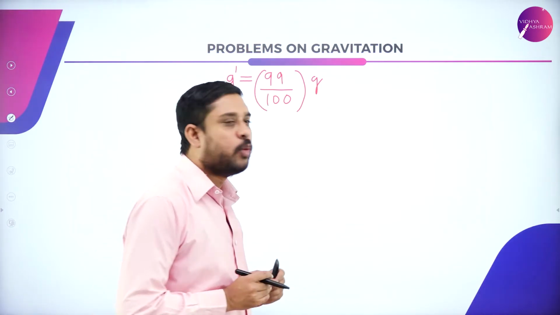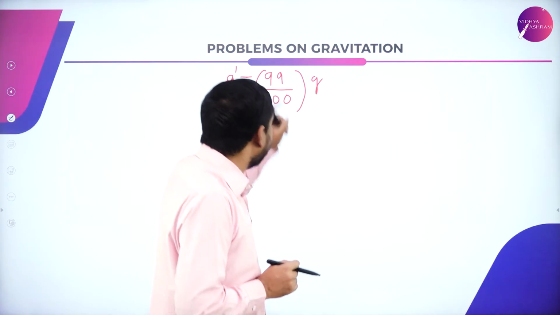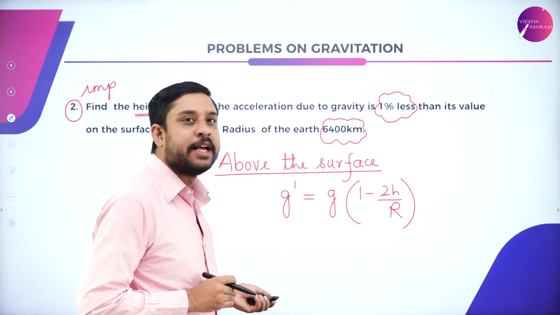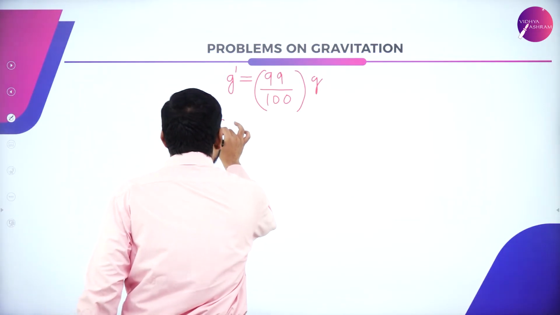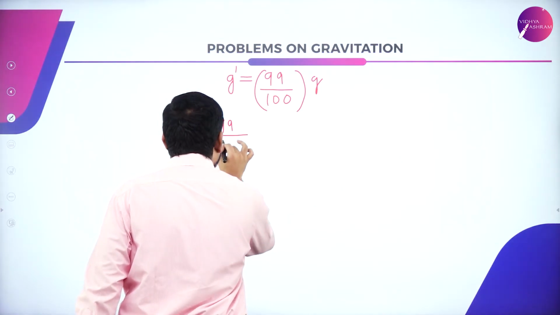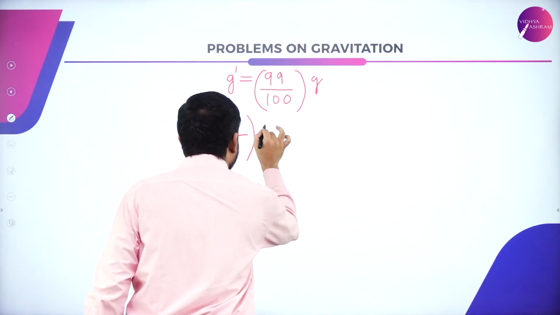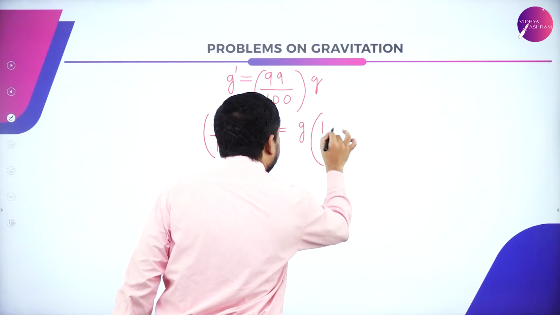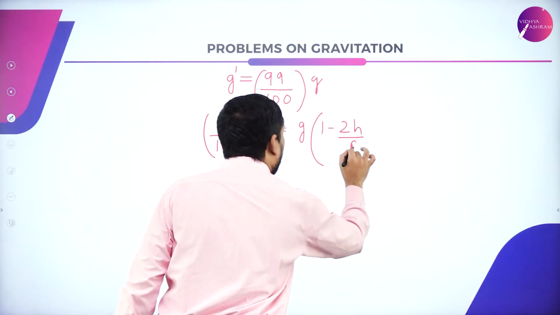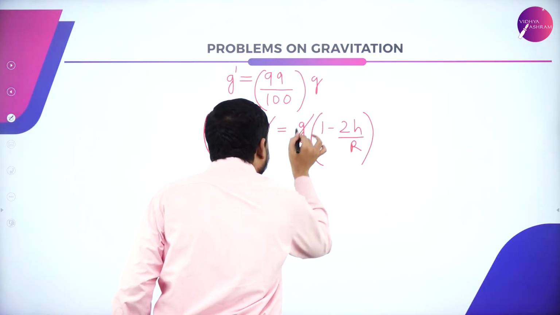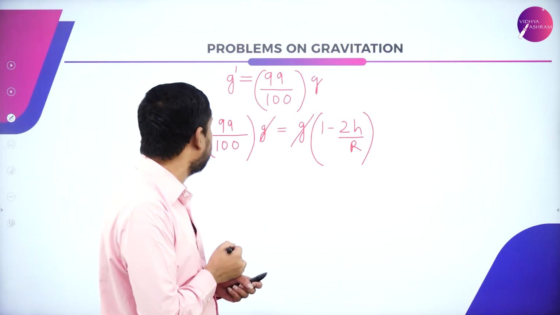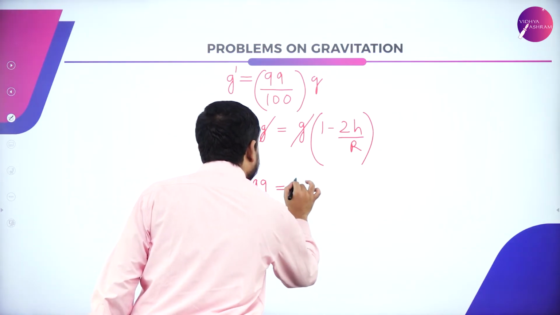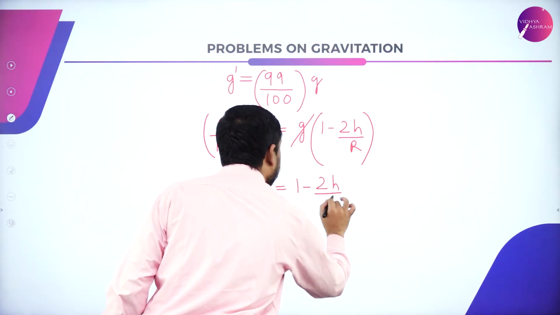So G dash equals 99 by 100 times G. So substituting in this expression, 99 by 100 times G equals G times 1 minus 2h by r. So this G and G get cancelled. Or this 0.99 is 1 minus 2h by r.